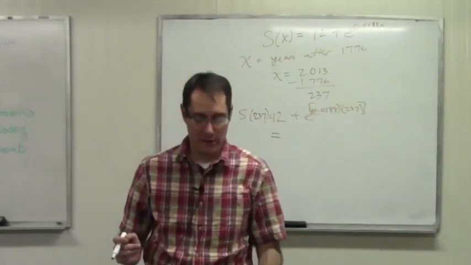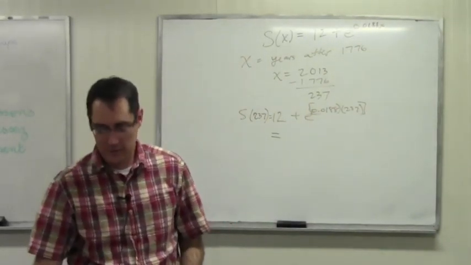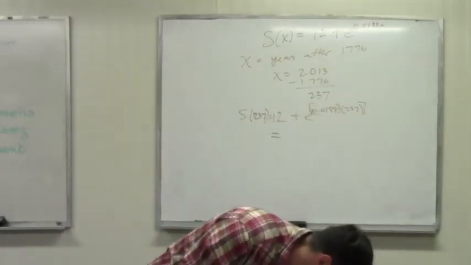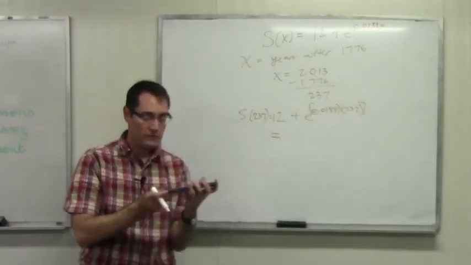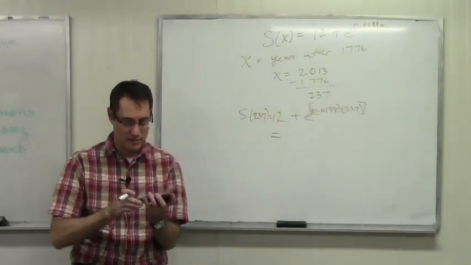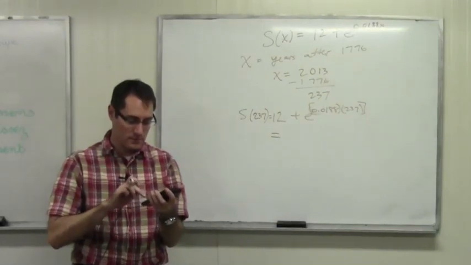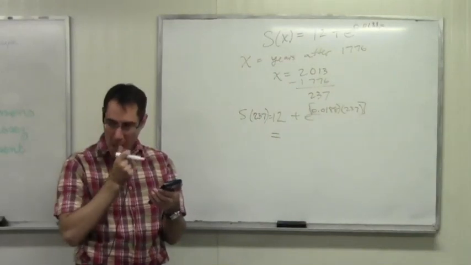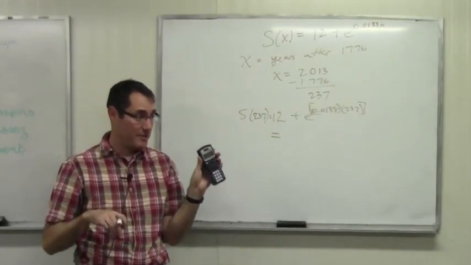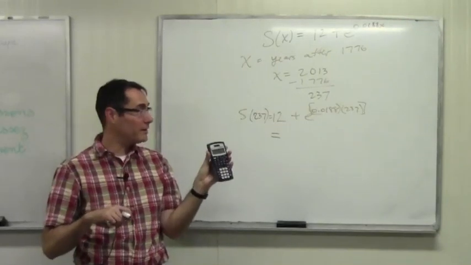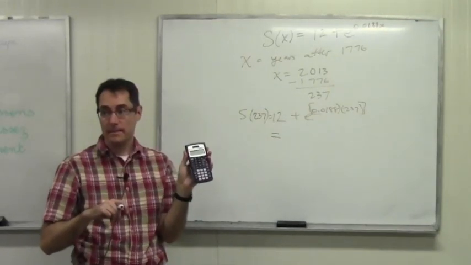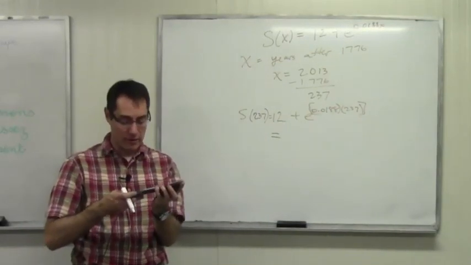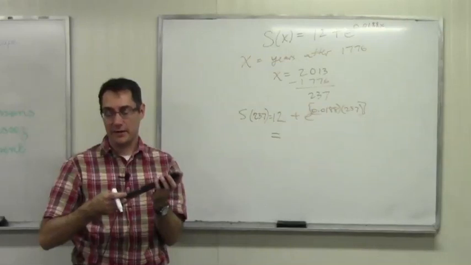Everybody do this on your calculator right now. 12 plus E, which is generally second in ln. Mine puts a parentheses, but your calculator may not. If it doesn't put a parentheses, put one, an open parentheses. It's the exponent thing. Nope, you do not have to hit that. It puts it in there for you. Even though it doesn't say it, it's in there.